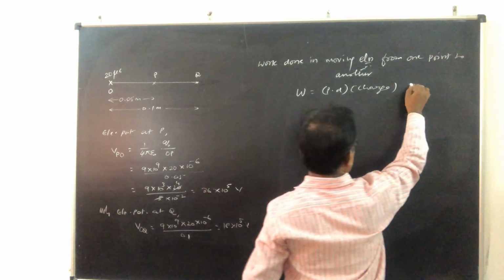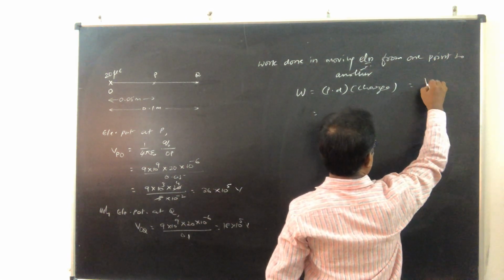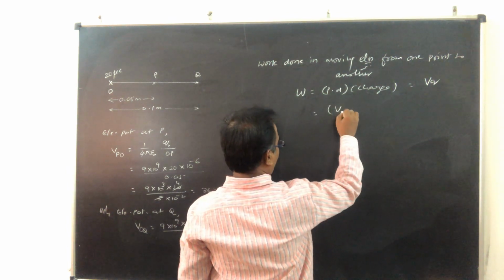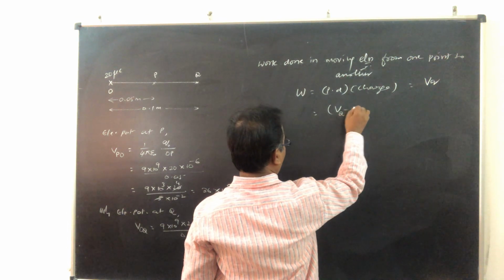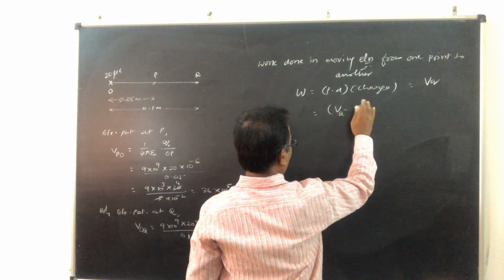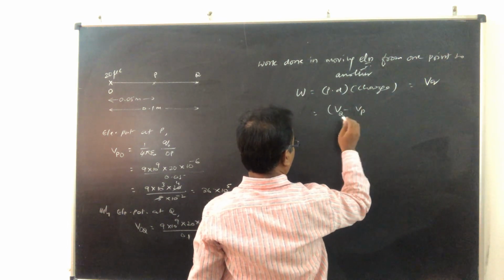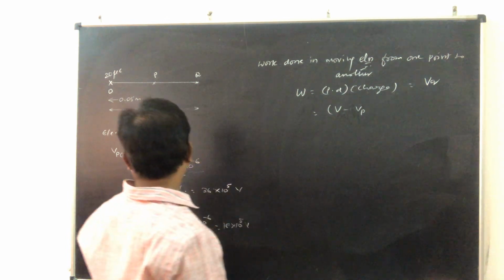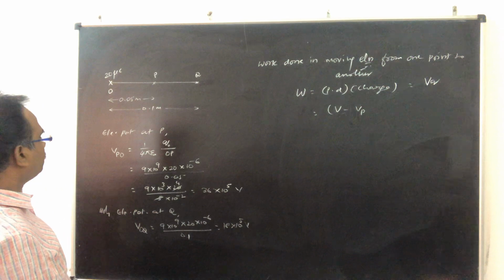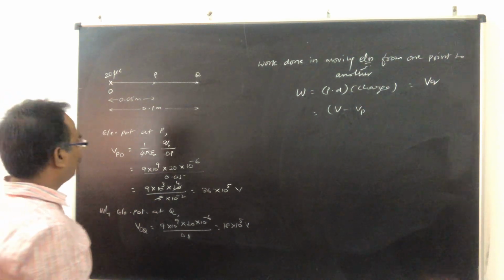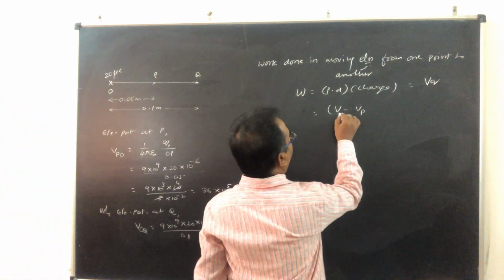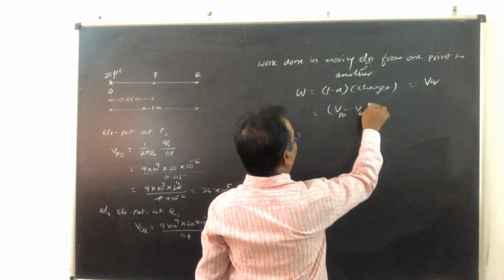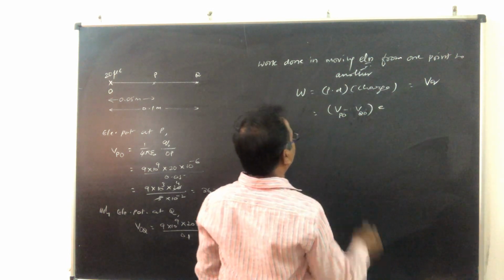So this is what you learned. So potential difference means here VQ minus VP. VP, where the potential is stronger, into e.